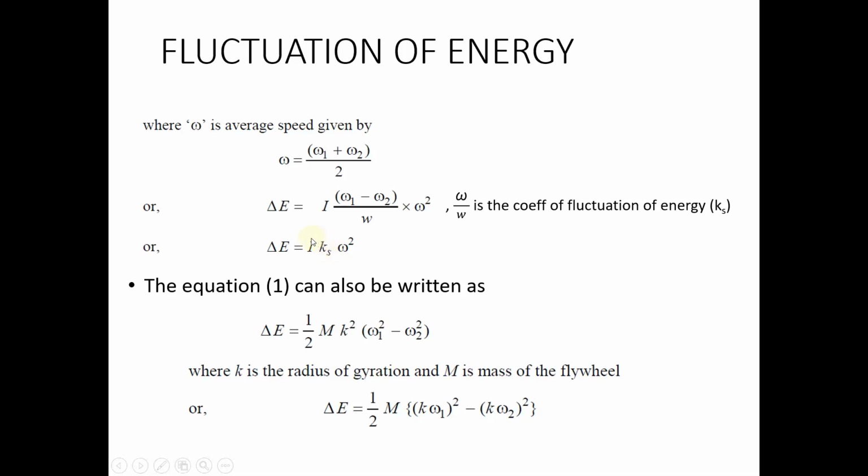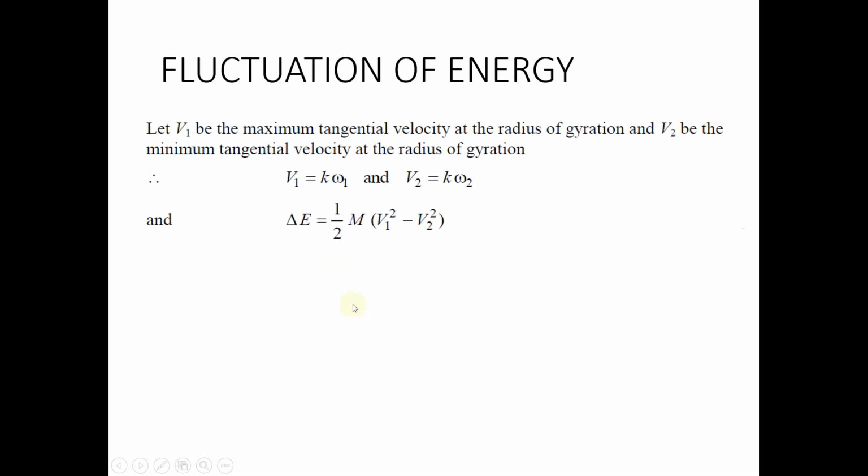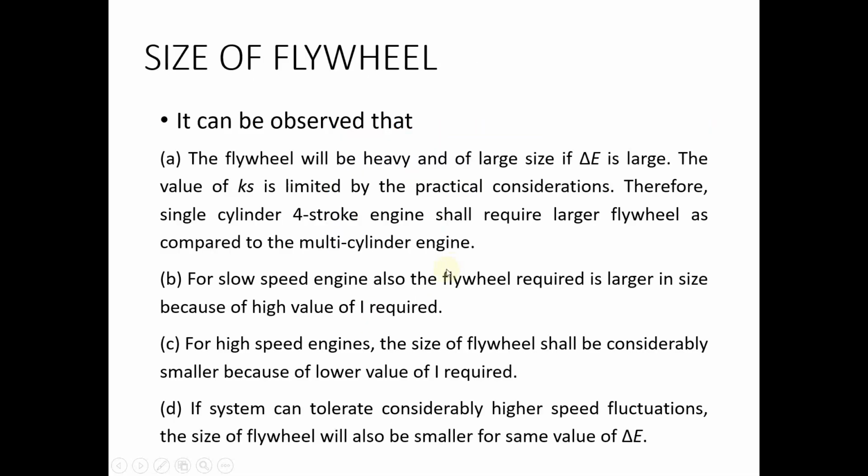So the only factor which we can vary considerably is the I. I is the moment of inertia, that is equal to m k square. Again, the value of m can be varied. So the only variable factor occurring in such equations is the value of mass. So if you are increasing the mass, the size and the mass of the flywheel will have to be increased. So for a slow speed engine, the flywheel size required is larger.